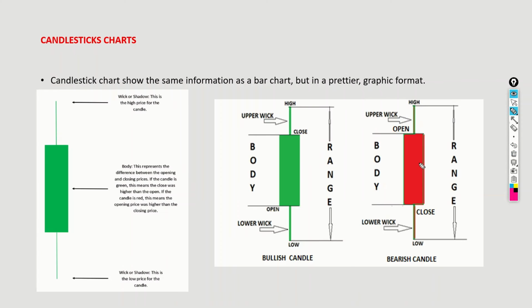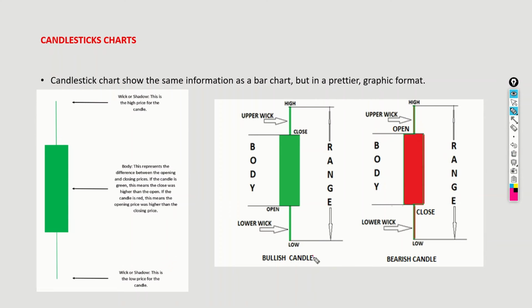It doesn't matter the shape of the candle. The body shows the difference between the open and the close price, and it is a bearish candle simply because the open price is high while the close price is low, meaning that the price decreased.